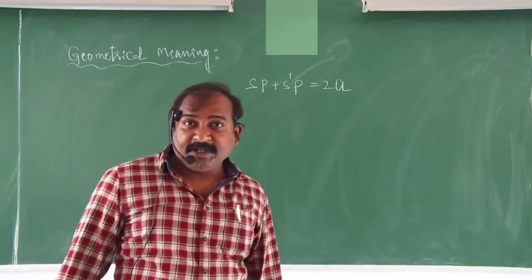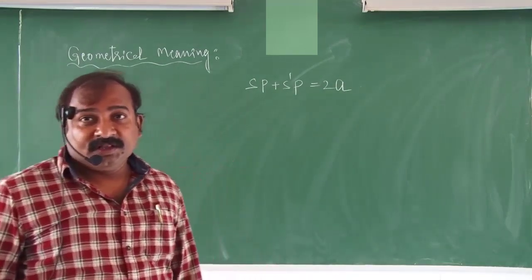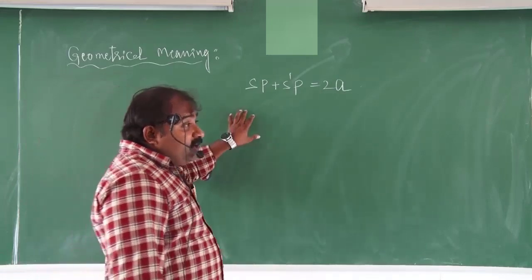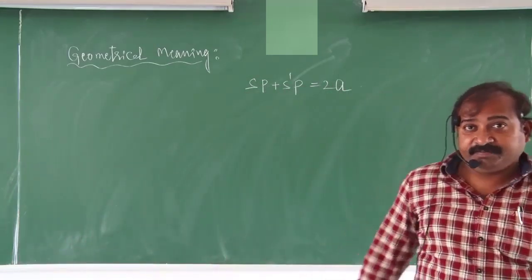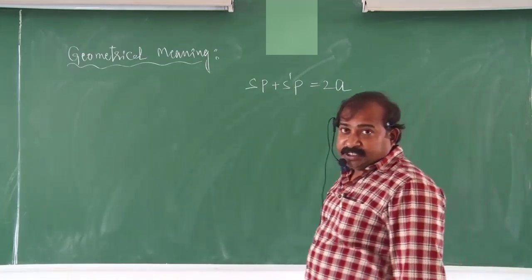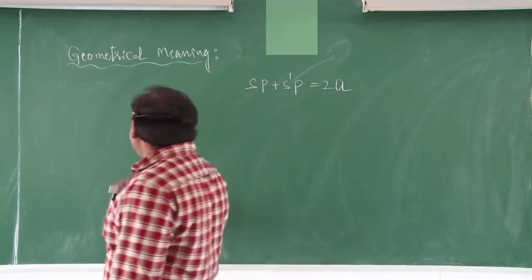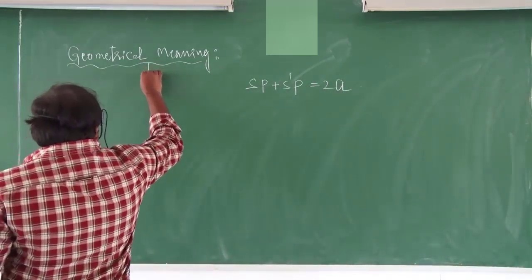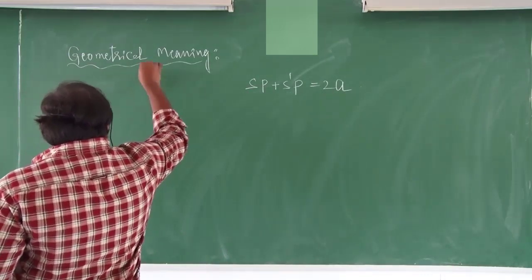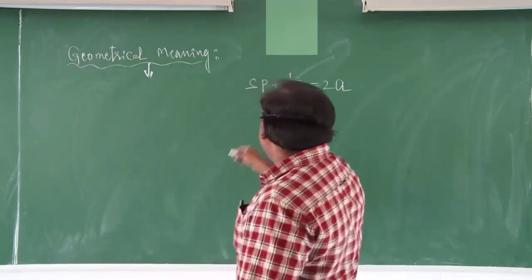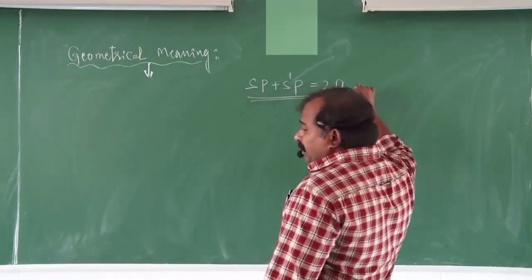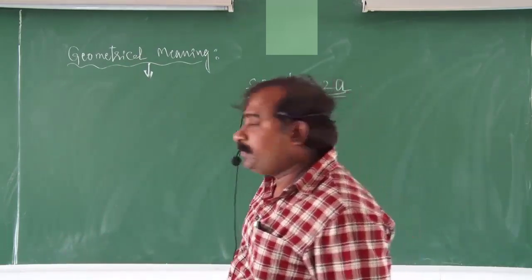This is when we are doing the ellipse concept, there we given SP plus S dash P is equal to 2A. Means now in complex numbers, how we can represent the whole equation, how we can represent.